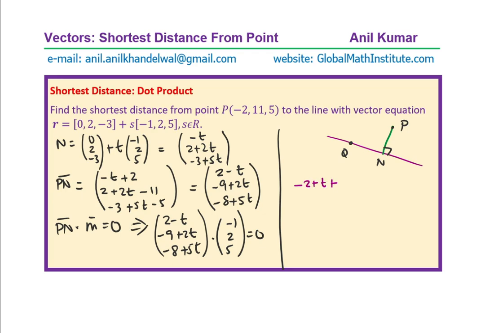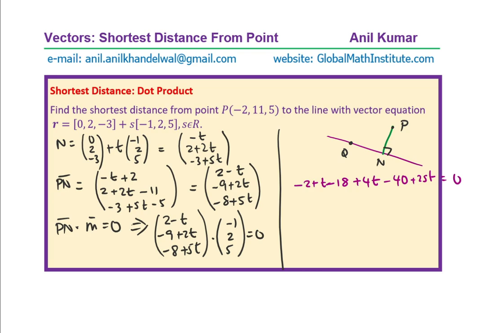Plus 2 times this gives us -18 plus 4t, plus 5 times this gives -40 plus 25t, equals 0.